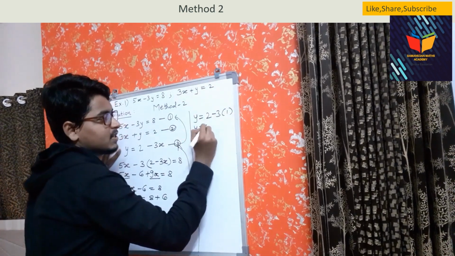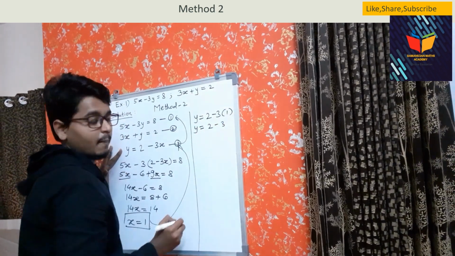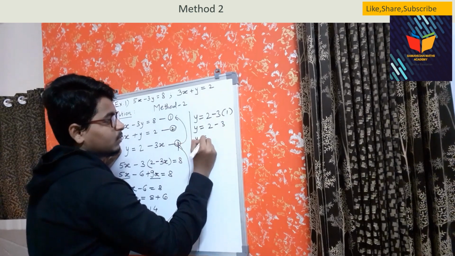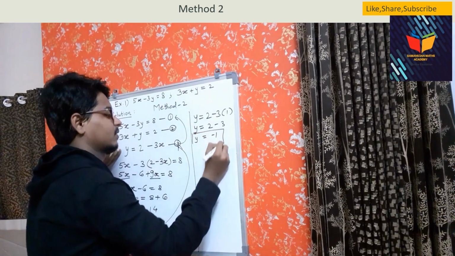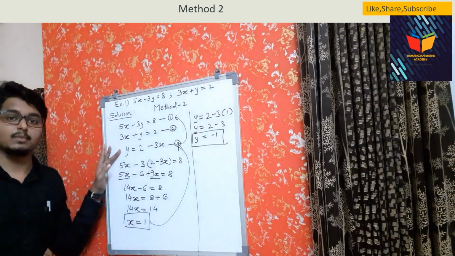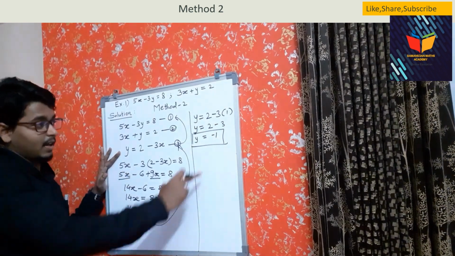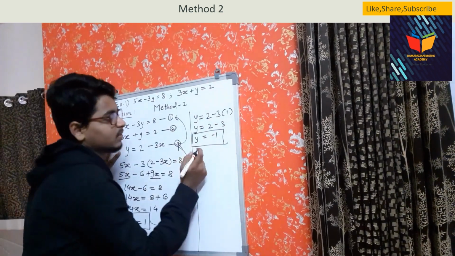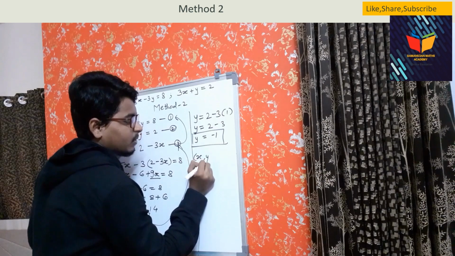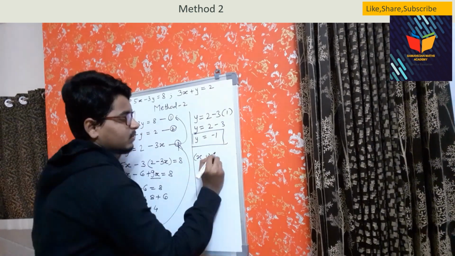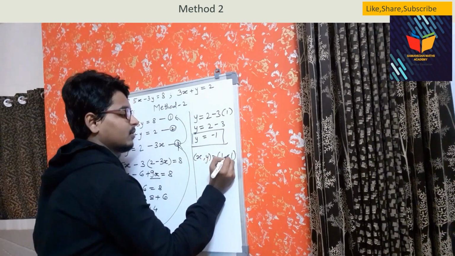Therefore y is equal to 2 minus 3, so y is equal to minus 1. Again we have got the same solution, that is x equal to 1 and y equal to minus 1. So we write it as x comma y is equal to 1 and minus 1.